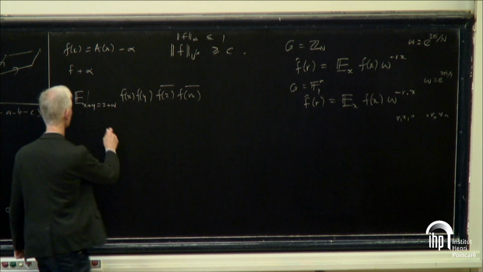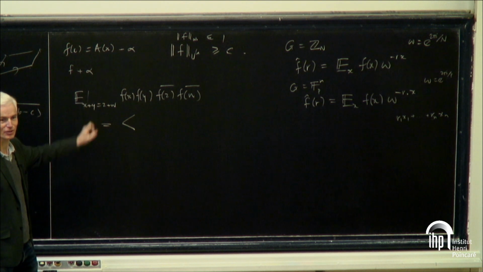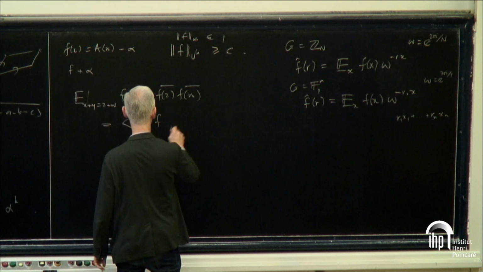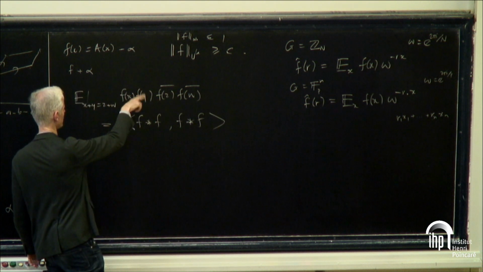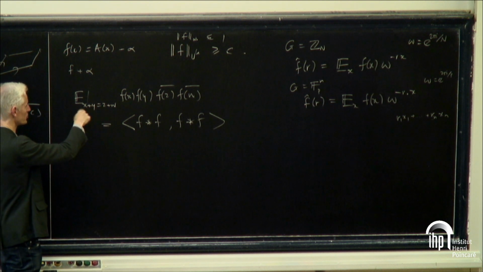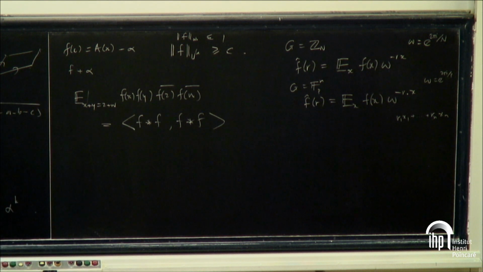This is the inner product, if you define your inner product using expectations rather than sums, which we do, of f star f with f star f. So sum over all, or take the average over all u, such that x plus y equals u, that would give us f star f of u, and then we have another f star f of u, and so on.